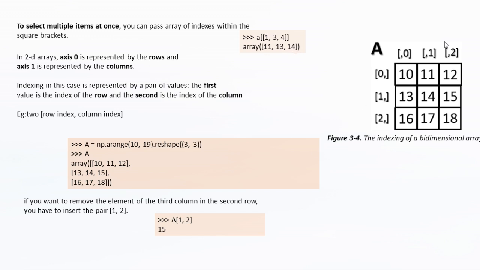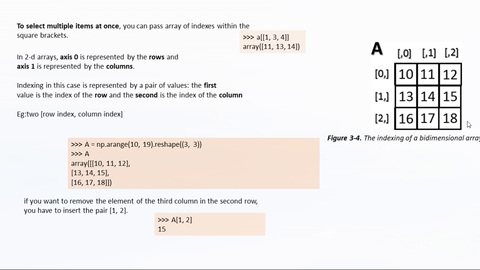Suppose I am creating a two-dimensional array as shown in figure 3.4. Then axis 0 will represent the rows and axis 1 will represent the columns. Let's first create the two-dimensional array. The format is np.arange, and I am using the reshape function to give the size of the array.